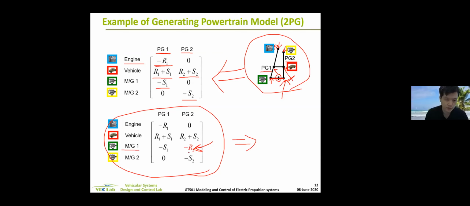So for MG1, you put negative R2 because MG1 is also now connected with ring gear of PG2, right? So this is all that had to be changed. That's it. Rest are equal, right?